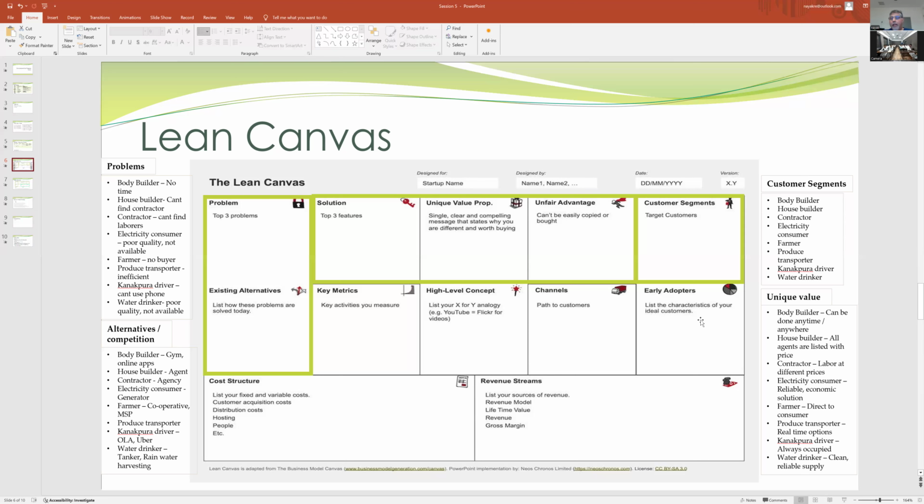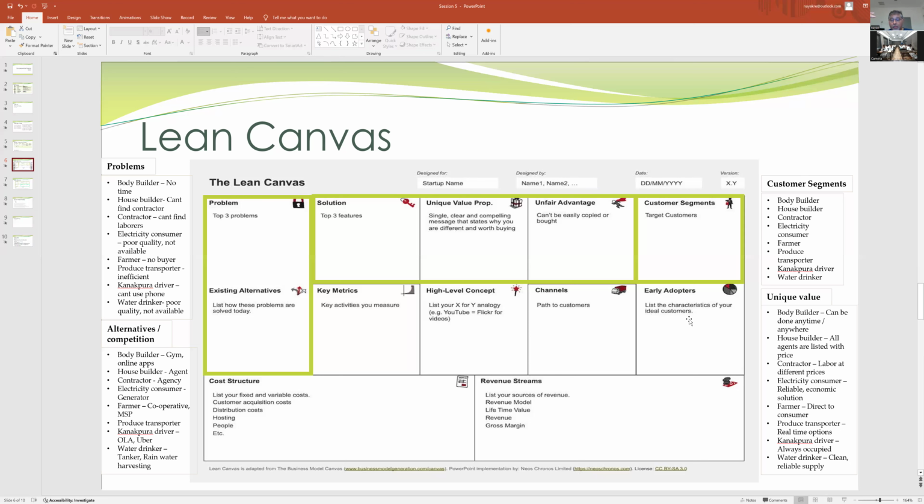And then early adopters. You need this because customer segments are big, and then you want a target audience which you start with. For example, for the contractor building example, you might say your early adopters are the 10 people who are currently building houses in this village, or in Bangalore there are about 100 people, and I will go to them.